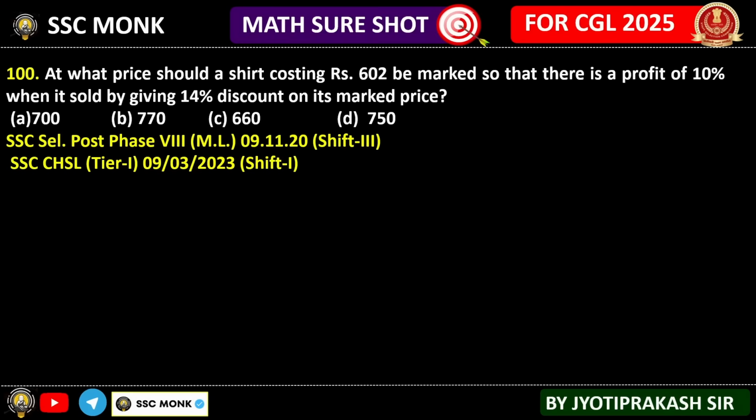Clear? Next. At what price should a shirt costing 602 be marked so that there is a profit of 10% when it is sold by giving a 14% discount on its marked price? See, the cost price is 602, okay, and the profit is 10%, that means 11 by 10. So this can be written as 602 plus 60.2, that is equal to 662.2.